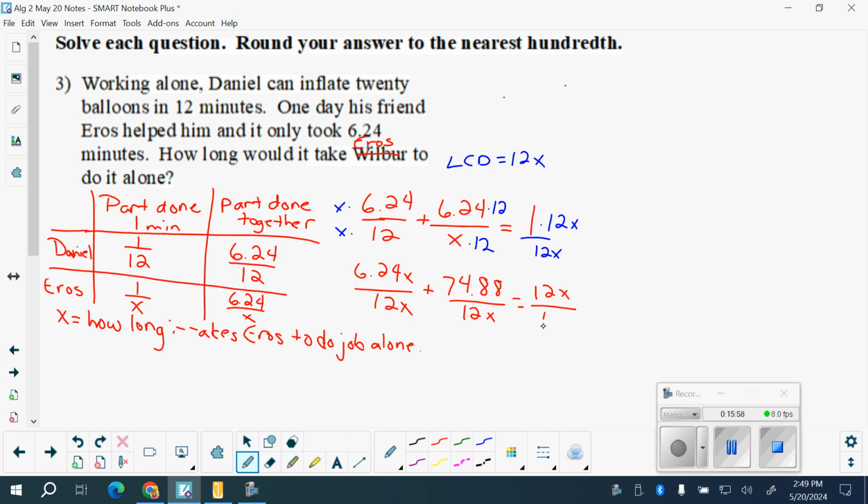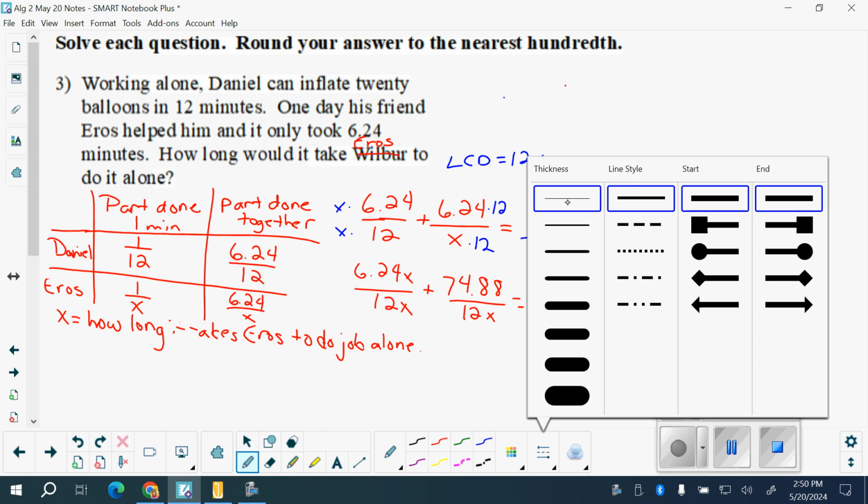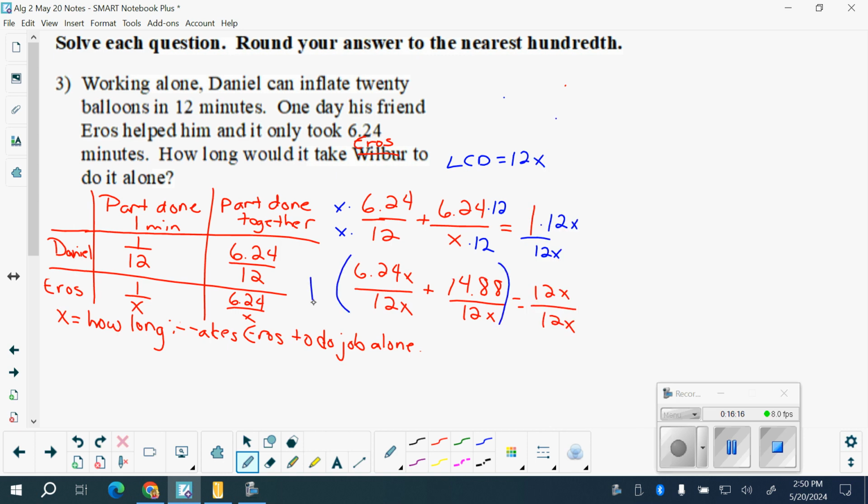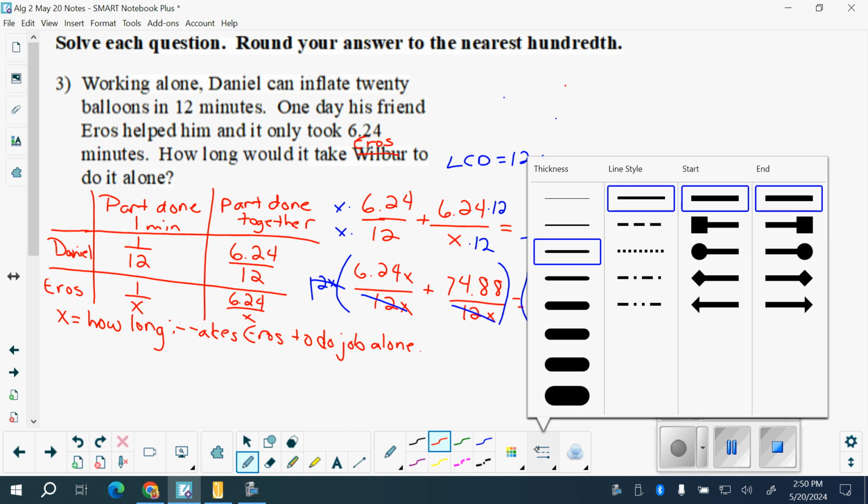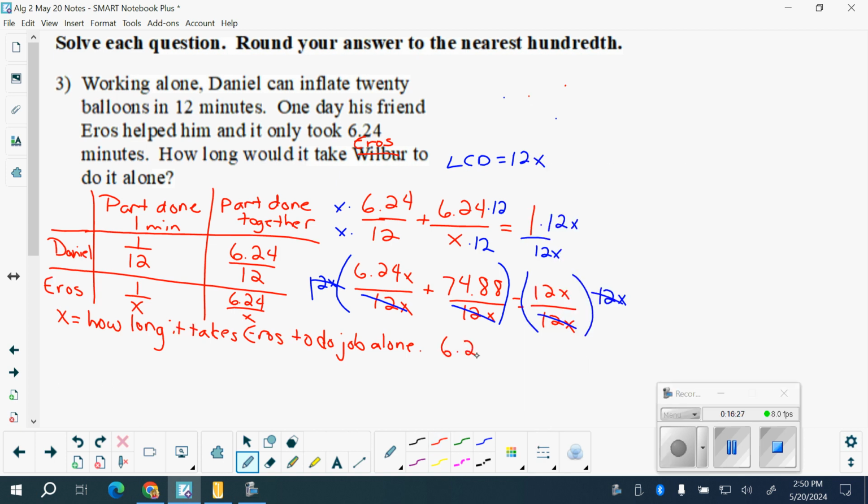And it's equal to 12X over 12X. What next? Yep, we want to get rid of that denominator, so we're going to multiply by 12X. We get 6.24X plus 74.88 equals 12X. What would we do next? Yeah, subtract the 6.24X.